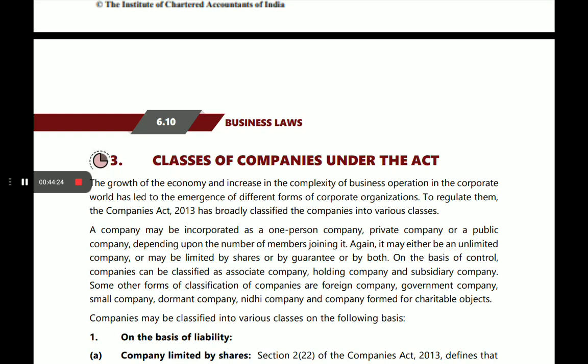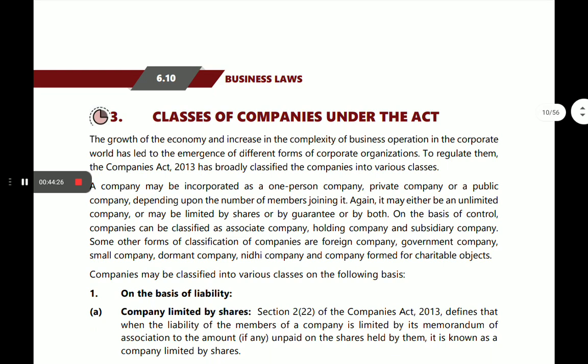Classes of companies under the Act. The growth of the economy and increase in the complexity of business operations in the corporate world has led to the emergence of different forms of corporate organizations.